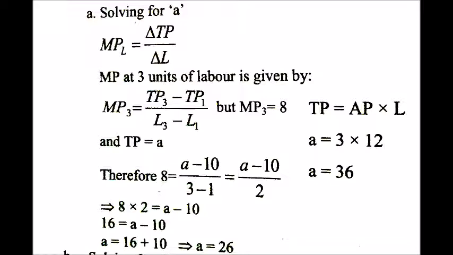We find the LCM, which will be 2, and multiply throughout by 2. So 8 times 2 equals A minus 10, because the 2 cancels the 2. 8 times 2 is 16, which is equal to A minus 10.